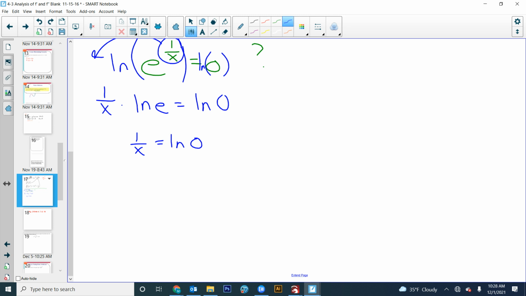He plugged in 2 and got, it's actually the radical e over 2, a positive. I don't care what the number is. It's positive, right? The derivative changed from negative before 1 to positive after 1.